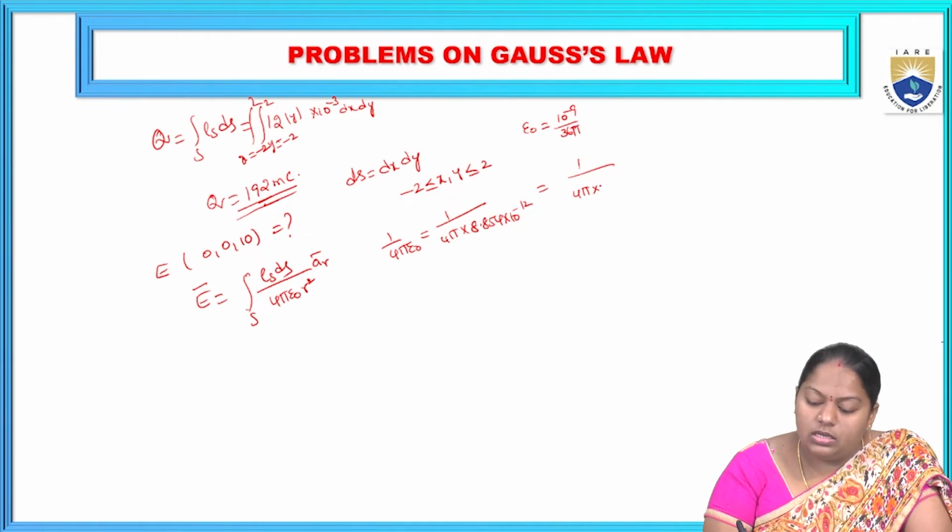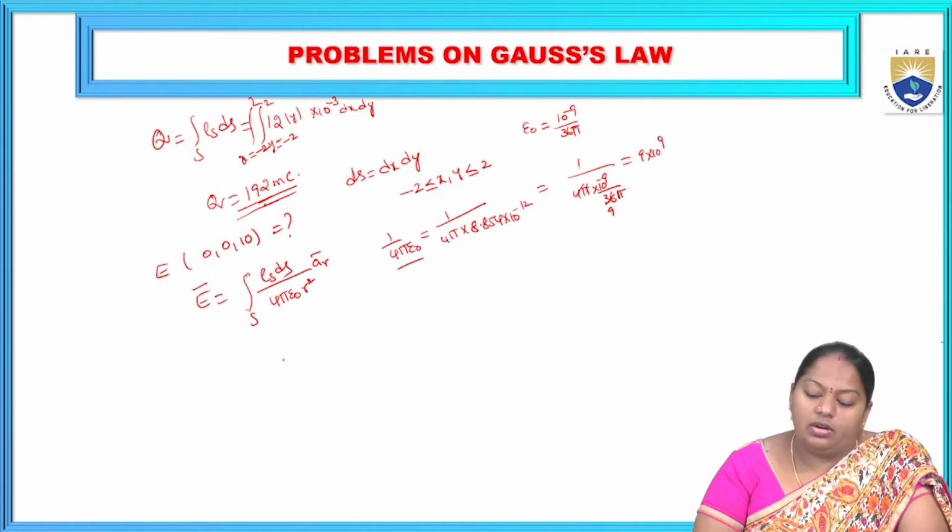So 1 by 4 pi epsilon naught is 10 power minus 9 by 36 pi. So pi gets cancelled, 4 and this get cancelled, which is approximately 9 into 10 power 9, the value of 1 by 4 pi epsilon naught.